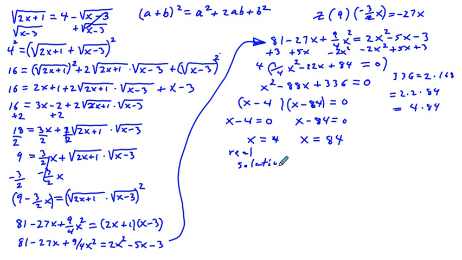Now for 84, if we plug that into the original equation, we have 2 times 84, which is 168. 168 plus 1 is 169. Square root of 169 is 13.